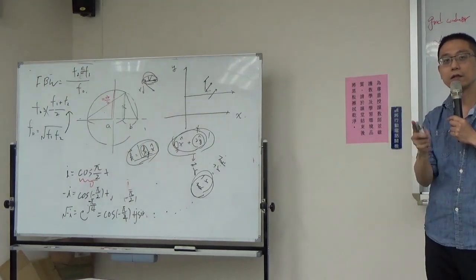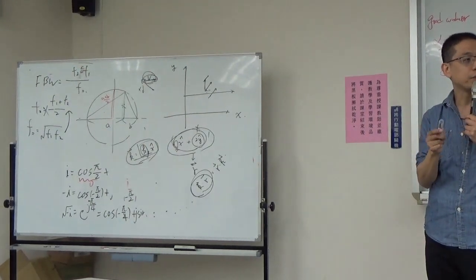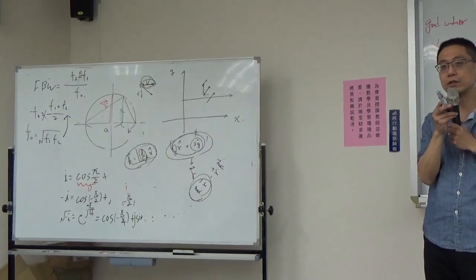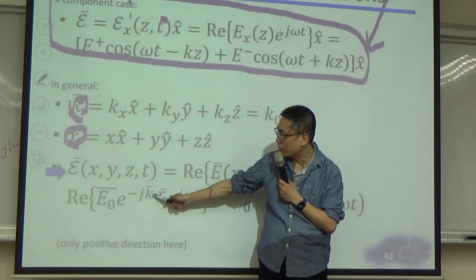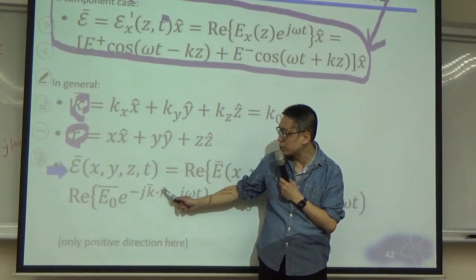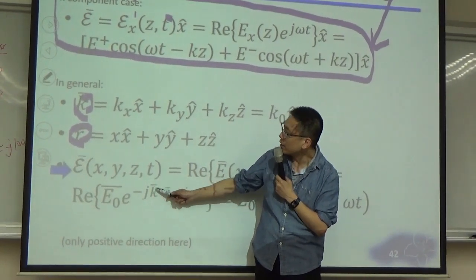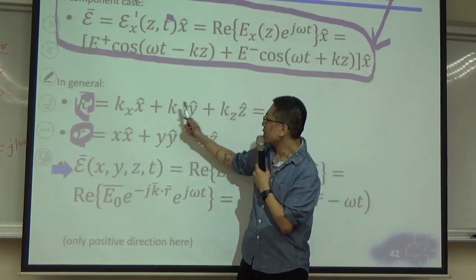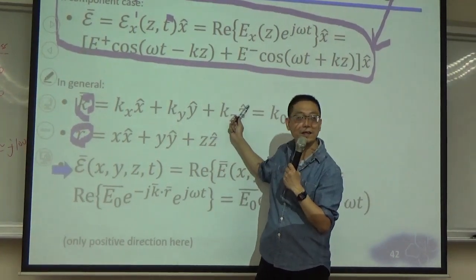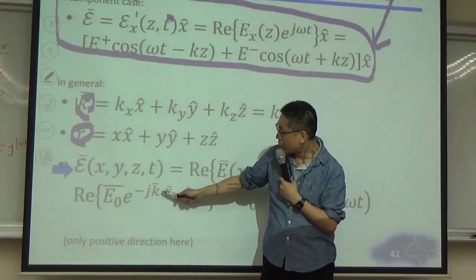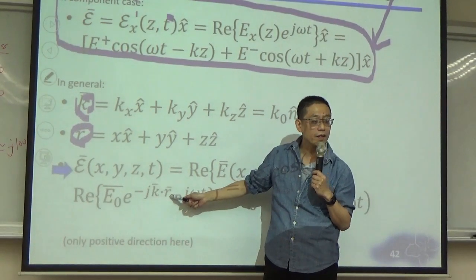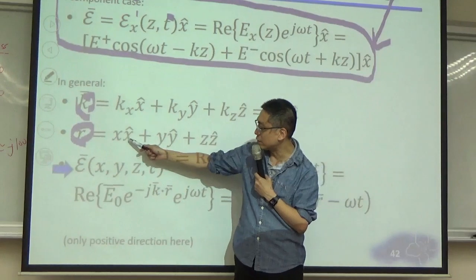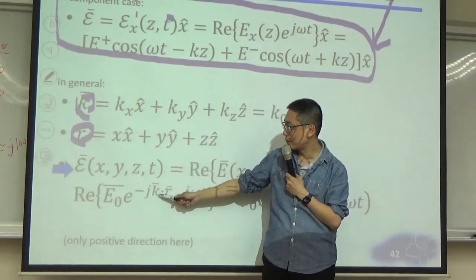Okay, 其他同学听得懂吗？这我要讲的是中文是 A。For the general case here, I think the only thing special is here. Your k has x, y, z components, and it's a vector. Your r is not only z. Now it's a vector of x, y, z.